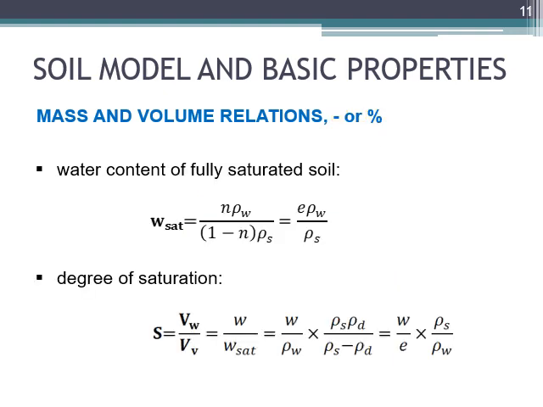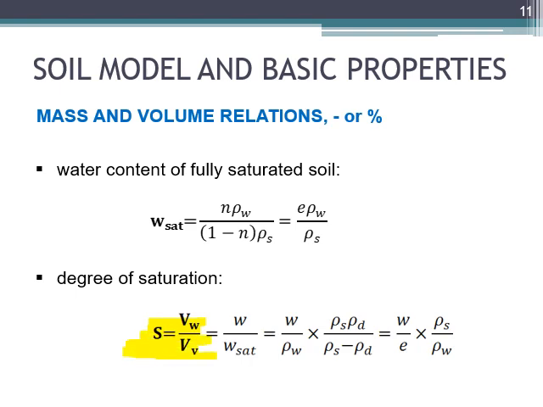Water content of fully saturated soil, there is no definition, there are just formulae that can be used if you know some other parameters. But here we have the degree of saturation. We were talking already about that during lecture 1.